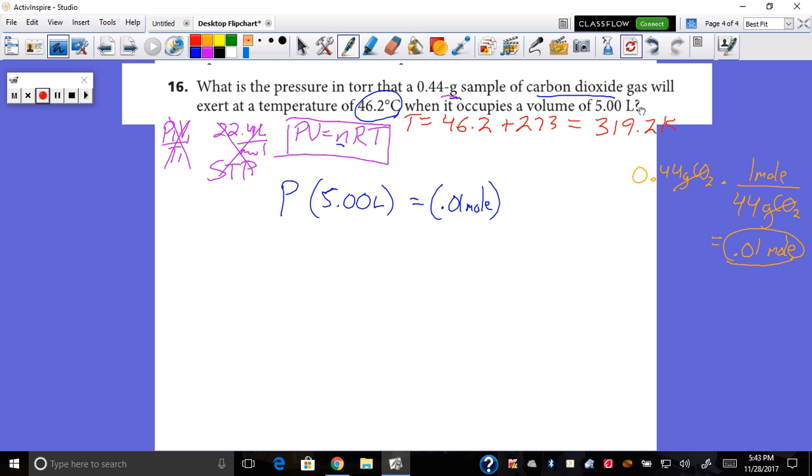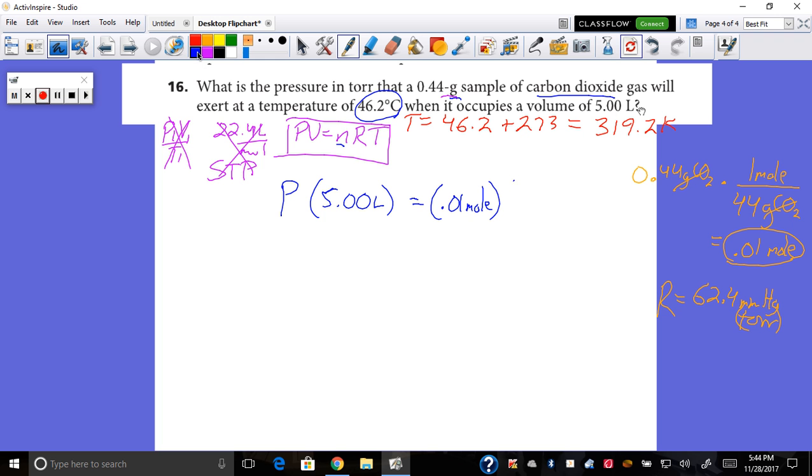Now what should we use for the letter R? Okay, for the letter R, if we look in our textbook, we'll find that it has 62.4 millimeters of mercury in it. Well, millimeters of mercury are the same thing as torr, so we get to use that number.